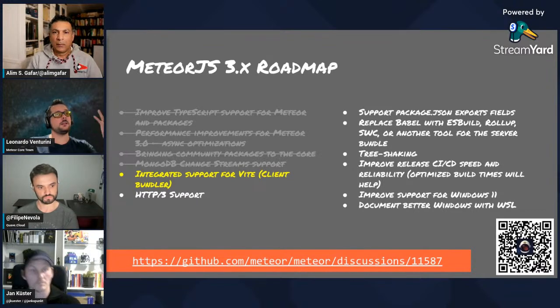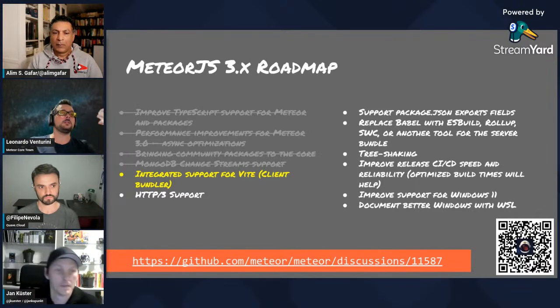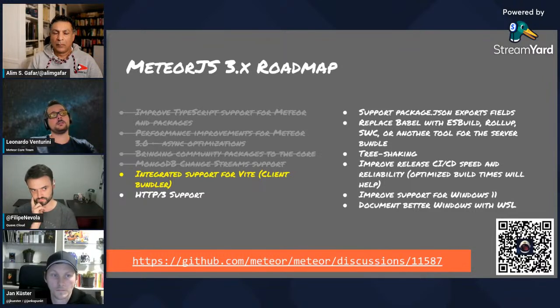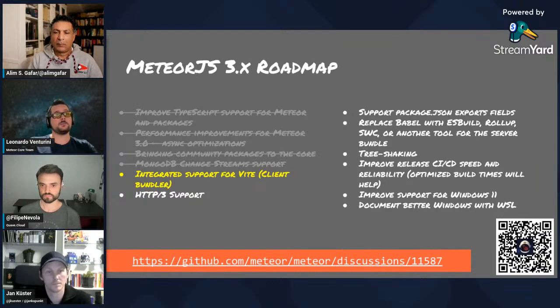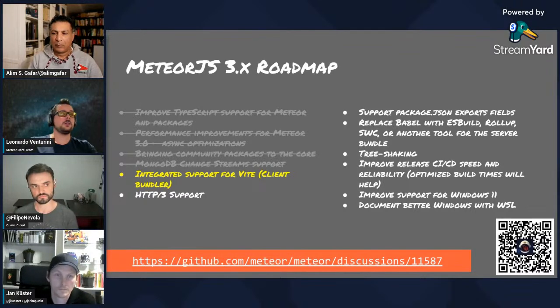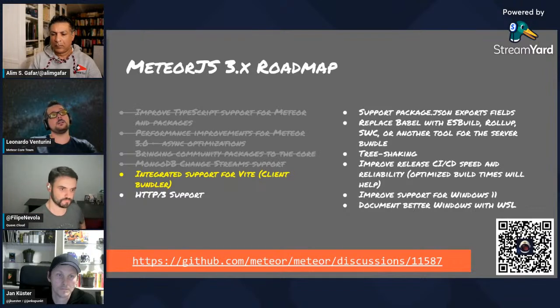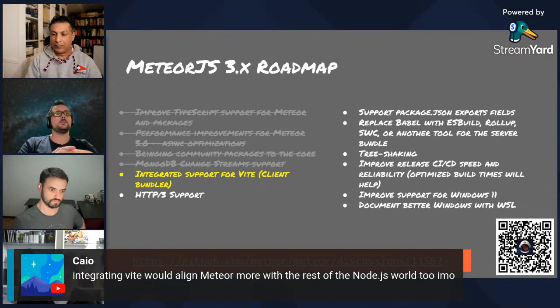We can get improved TypeScript integration without having to reinvent the wheel. We can get faster speed of releases, because we don't need to publish packages anymore. Just publishing the packages in the core takes hours. So there are many potential improvements there. If anyone has any concerns about this, just let me know.